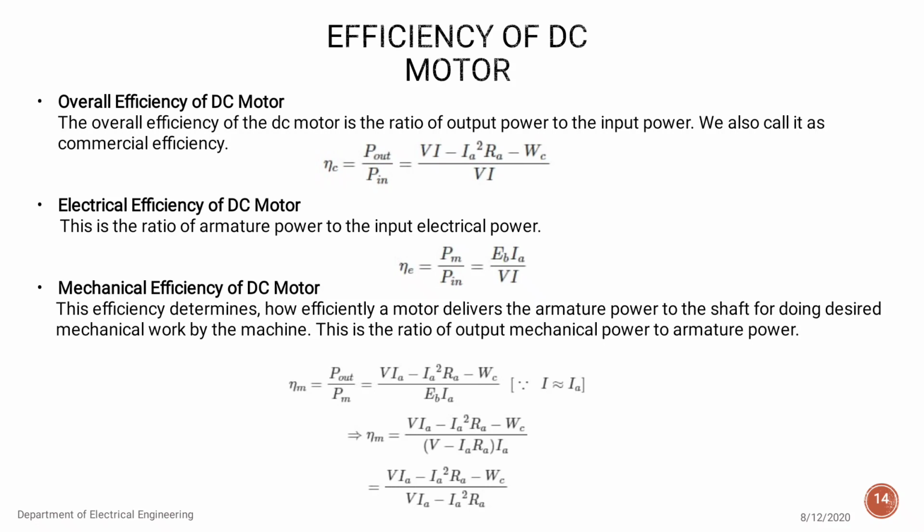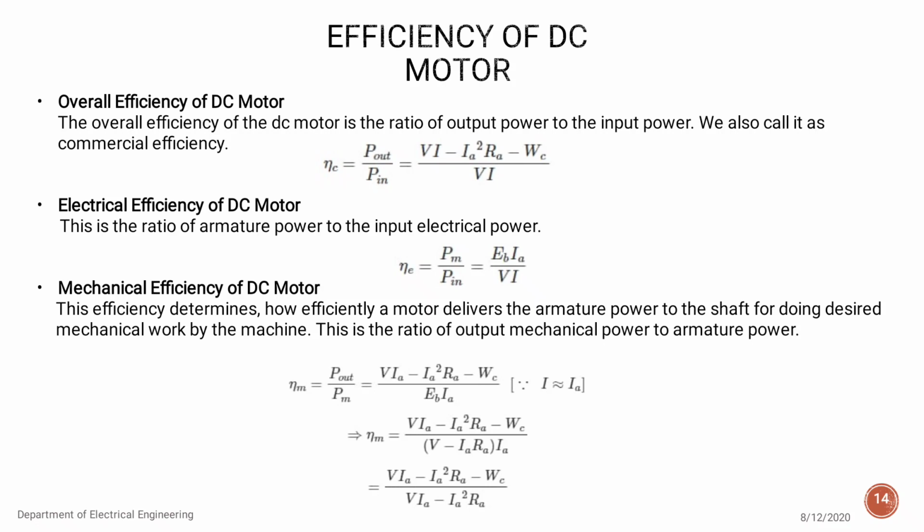Now one more thing we should clear first: why is this mechanical efficiency necessary to determine? Because we need to know how efficiently or how properly our motor is delivering armature power to the mechanical shaft of the machine to do some mechanical work.